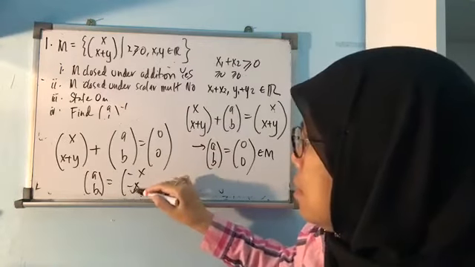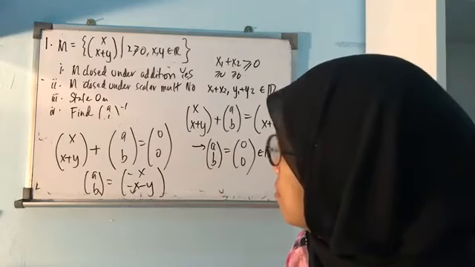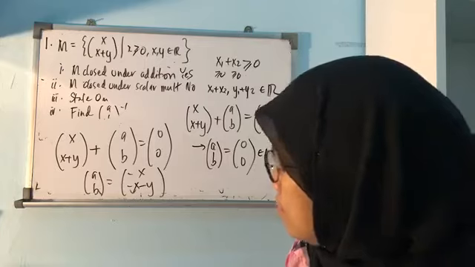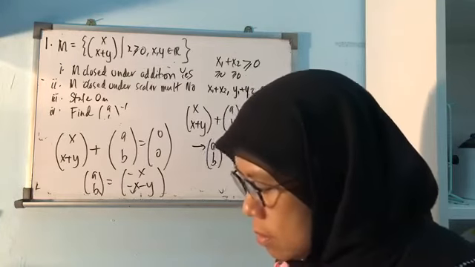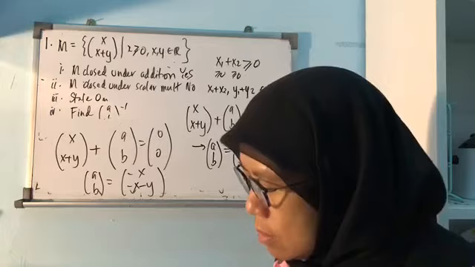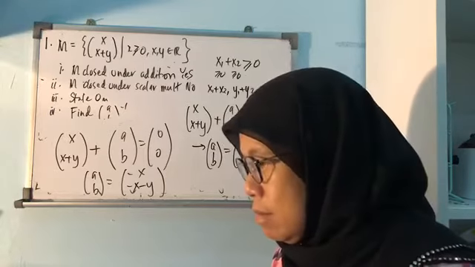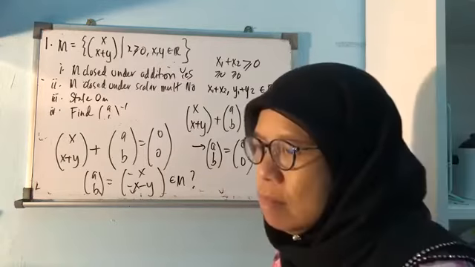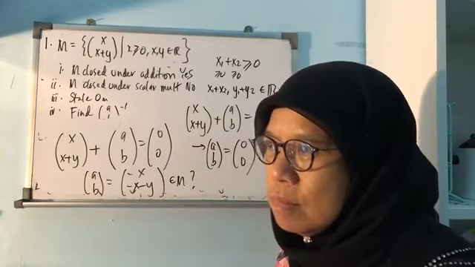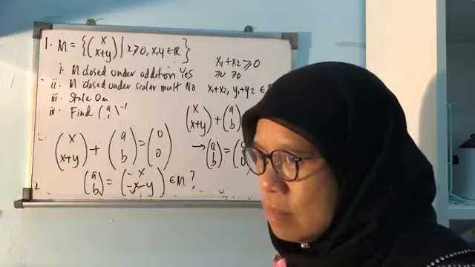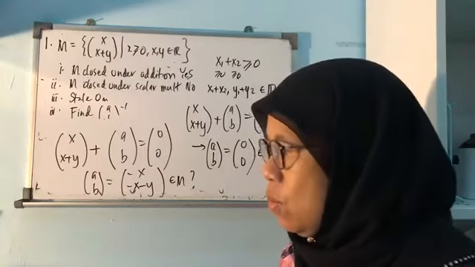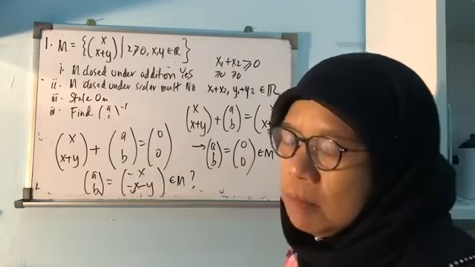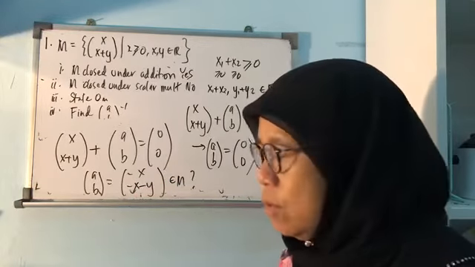(Negative x, negative y). But is this in M? No. Because negative x might be less than 0.